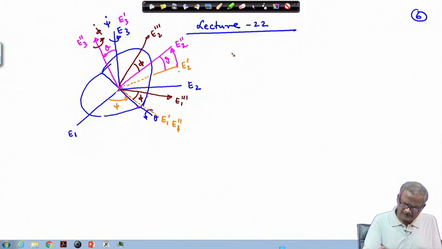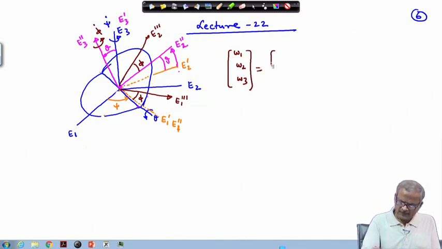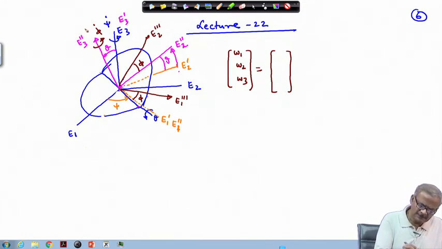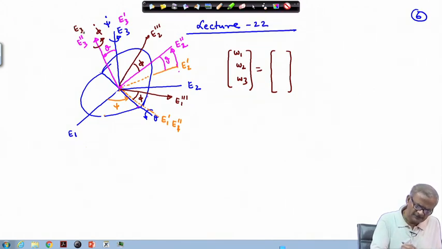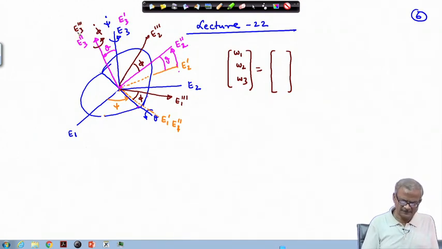Now, we are interested in finding omega 1, omega 2, omega 3. This is my interest. As we can see, phi dot is already along the omega 3 direction. So, here is your E 3 prime, and here E 3 triple prime is lying along the same direction.